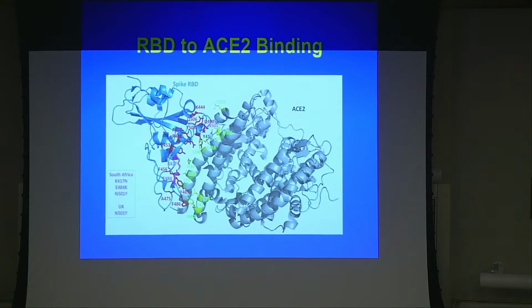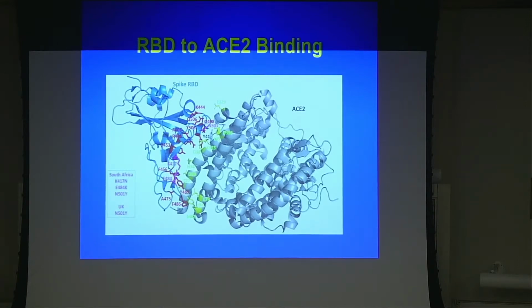These are on all your epithelial cells in your respiratory tract. And then here's the amino acid sequence of the receptor binding domain. They're showing each one of the amino acids in the ACE2 receptor and which amino acids they bind to in the receptor binding domain.